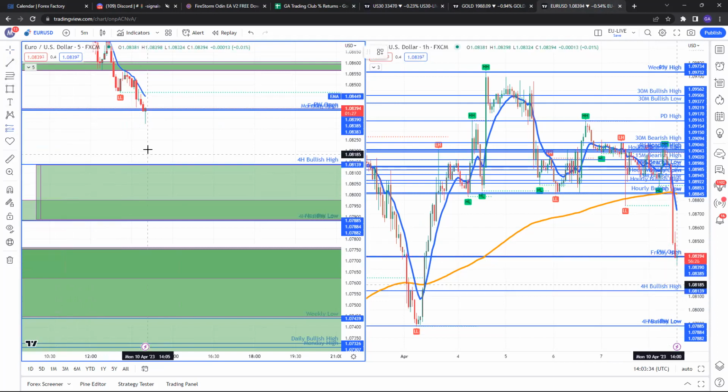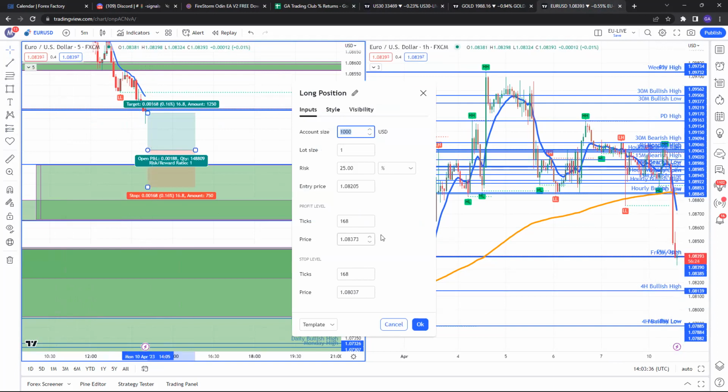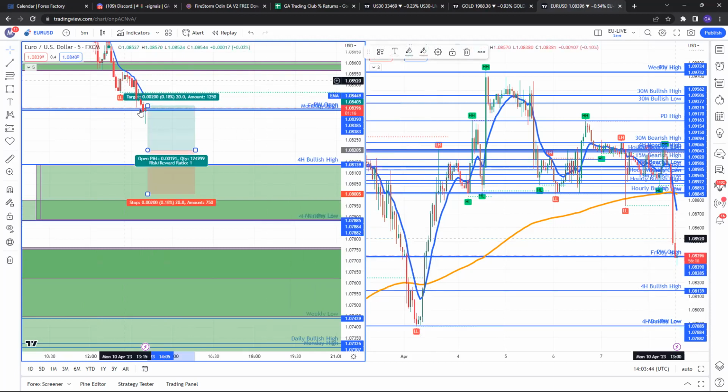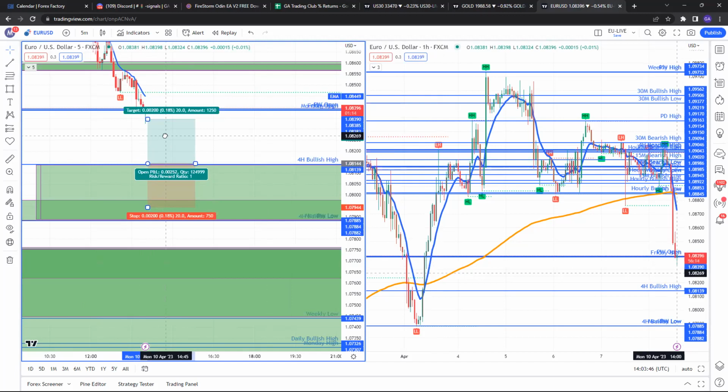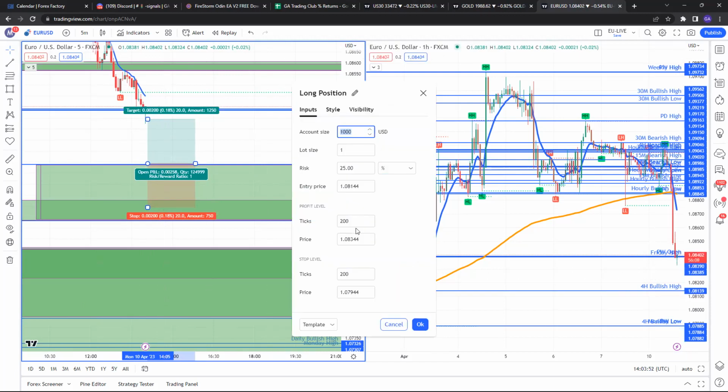Ideally our stop loss and take profit for such trades is 20 pips stop loss, 20 pips take profit. Okay, so this zone is, I would say, 25 pips. So it might be better to go with a 30 pip stop loss. Let's see how far the 30 pip stop loss will be, and 30 pip take profit.